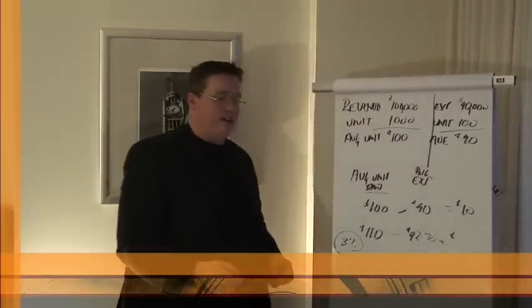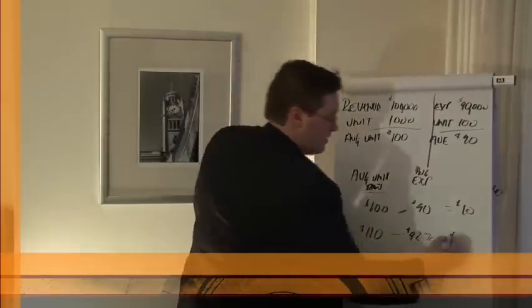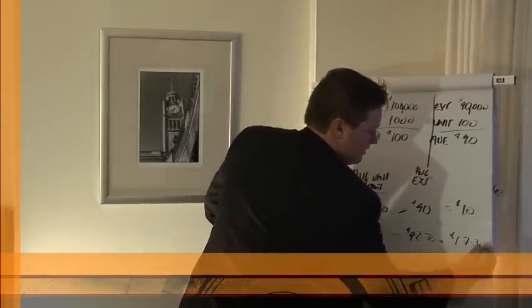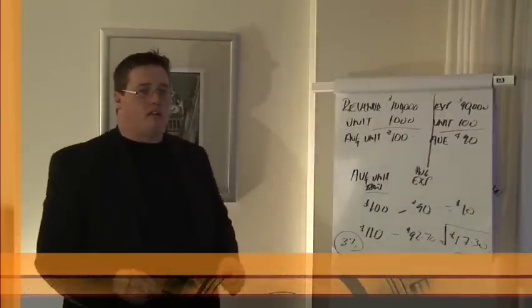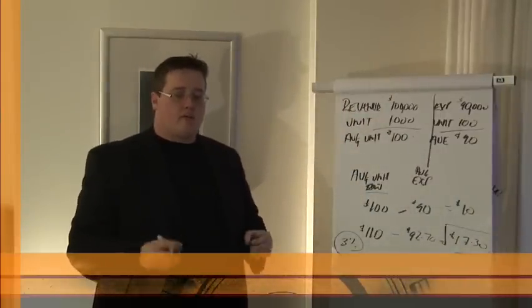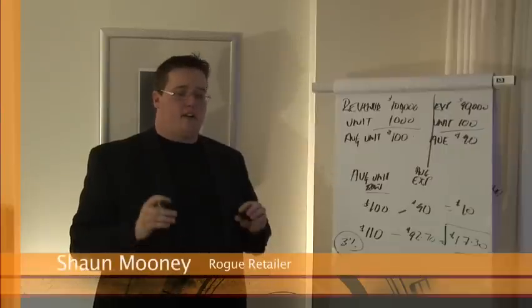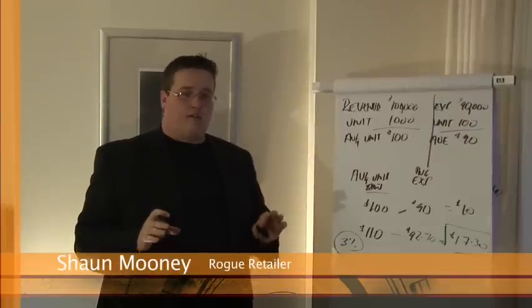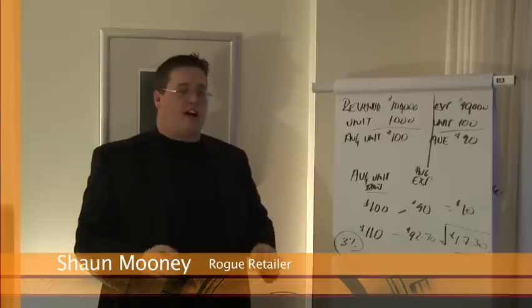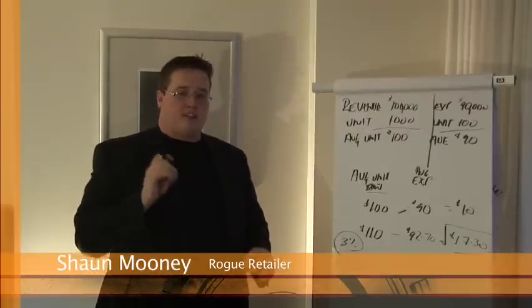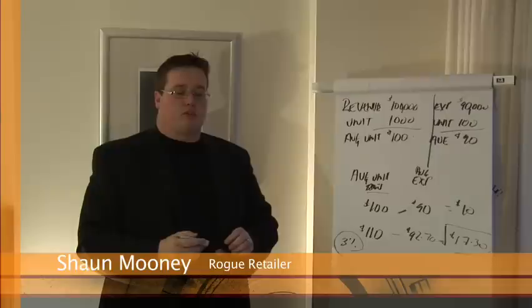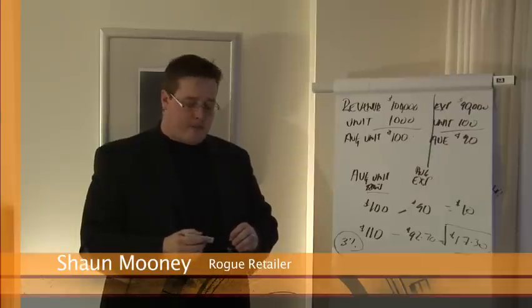Your profit now is $17.30. And we haven't even increased sales. We've got a 73% increase without even asking for any extra customers to come through, without asking our staff to sell anything extra, just by simply increasing your prices across the board by 10%.